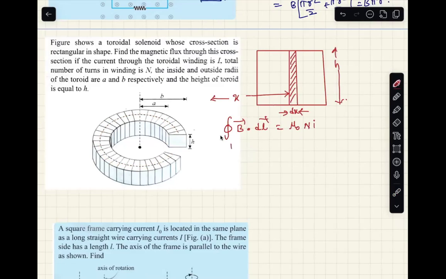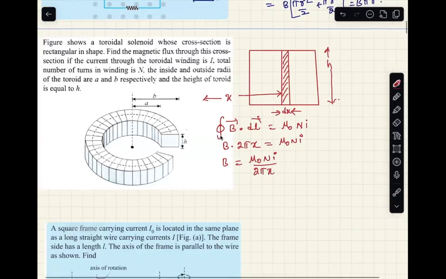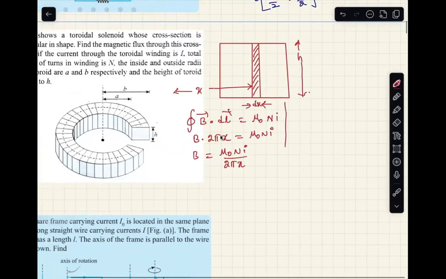B into 2 pi r, in this case 2 pi x, equals mu naught N I. So B is mu naught N I by 2 pi x. That is not my criteria. My criteria is flux.